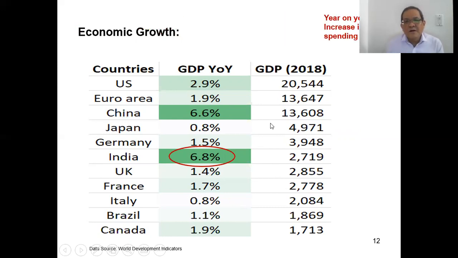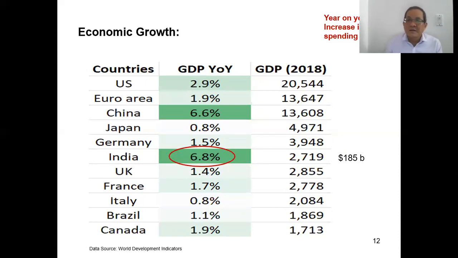What it means is that if marketing is focusing on the year-on-year increase in spending or income, then they should be looking at the product of the GDP growth and the base. So using this data, the year-on-year increase in spending or income in India is expected to be growing by $185 billion.